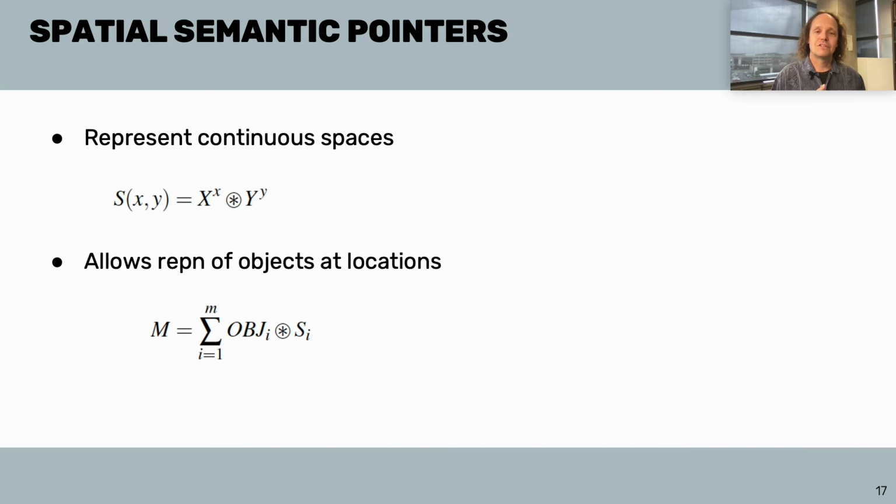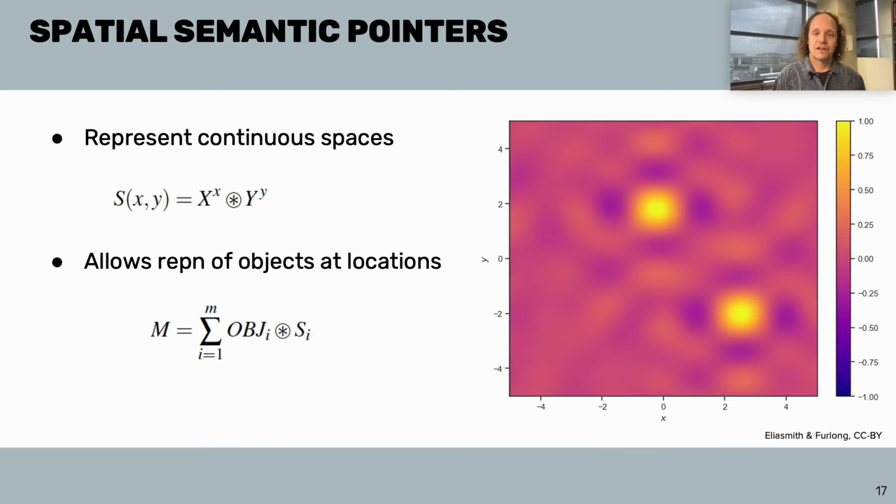Now, of course, to see what's in the map, it's often helpful to visualize it as a continuous space. So what I'm showing on the right-hand side is what would happen if we embedded two objects at two distinct spatial locations. The object in the top left is at about minus 0.2, 1.8, and the one at the bottom right is at about 2.5, minus 2.